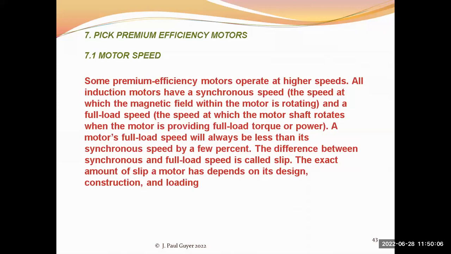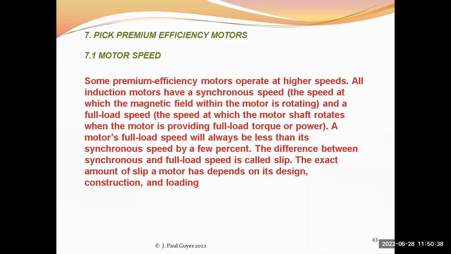With these premium efficiency motors, they do operate at higher speeds, and the motors have a synchronous speed, which is the speed at which the magnetic field within the motor is rotating, and a full load speed, which is the speed at which the motor shaft rotates when the motor is providing full load power.